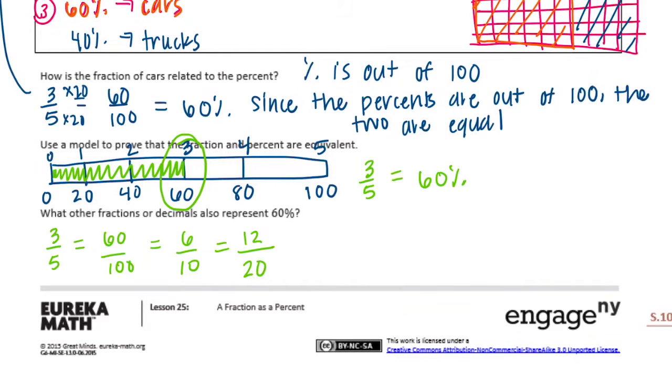We can go on and on. But as a decimal, there's only one decimal that could represent 60%, and that is 6/10ths, or if you wanted to add a 0 behind it, 60/100ths. And really, those are the only decimals, unless you wanted to add more zeros at the end, but they're all the same thing.